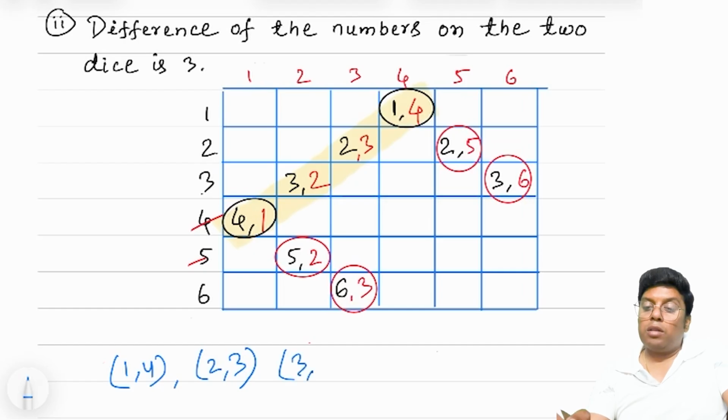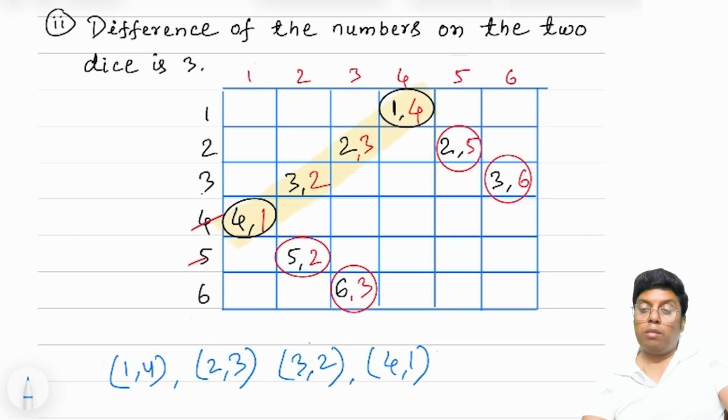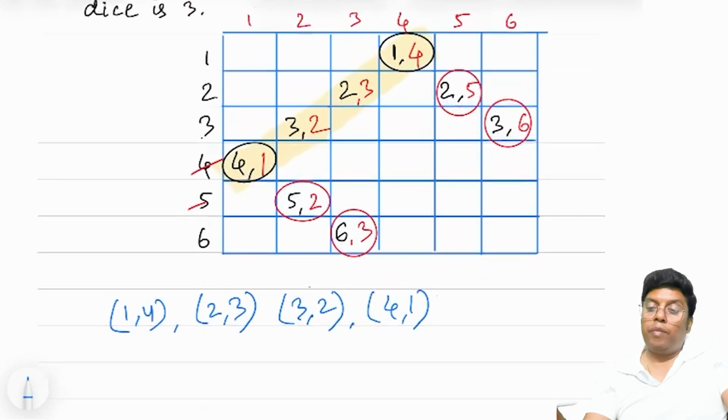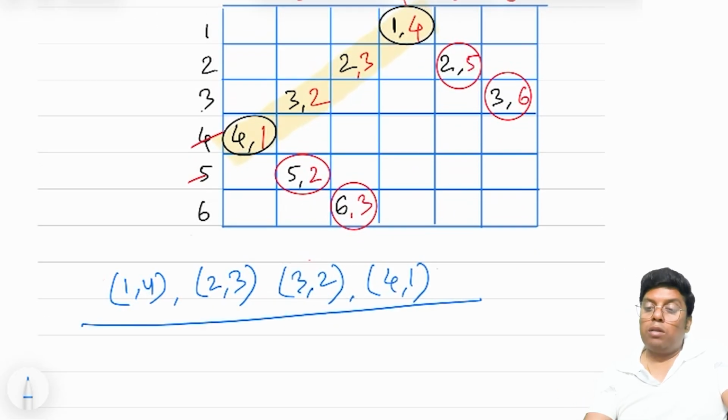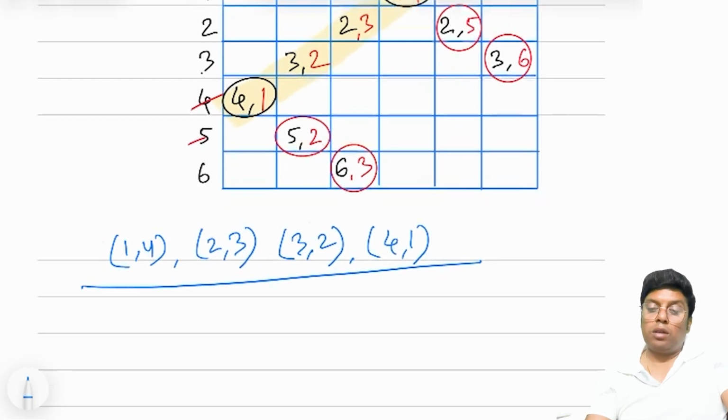If 3 appears on the first dice and 2 on the second, the sum will be 5. If 4 appears on the first and 1 on the second, the sum will be 5. Apart from these 4 outcomes, there will be no other outcomes where the sum on both dice will be equal to 5. So these 4 outcomes are the favorable outcomes.